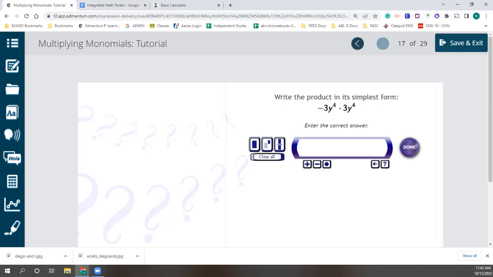And then we write out the variables, y^4 multiplied by y^4. We're going to add those exponents later.